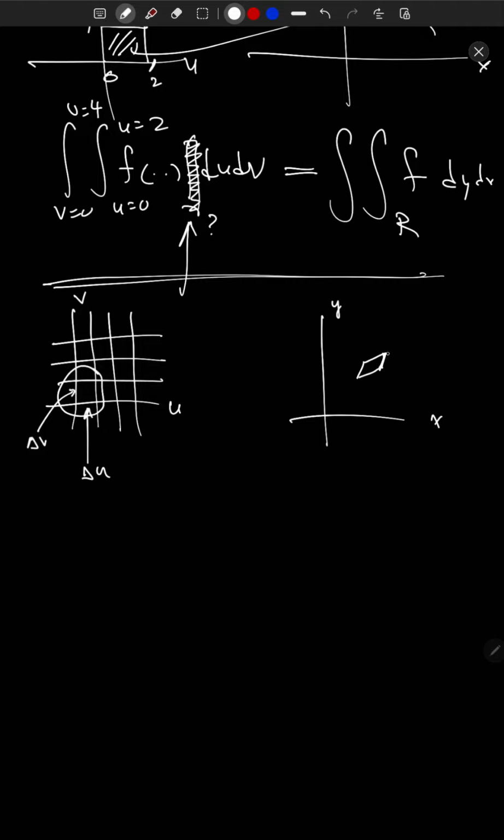The technical discussion here would be that the mapping from here to here can be approximated by a tangent plane approximation, or linear approximation. And if you did the linear approximation, then the mapping would just be a simple linear mapping where rectangles go to parallelograms.